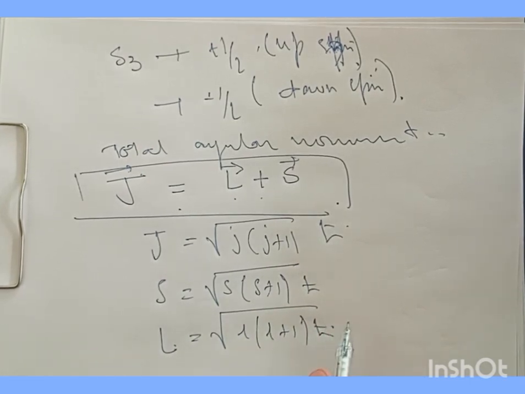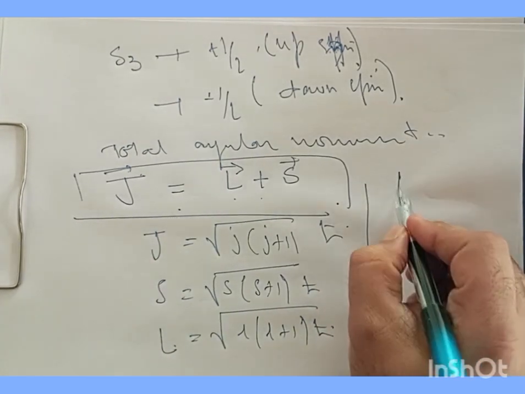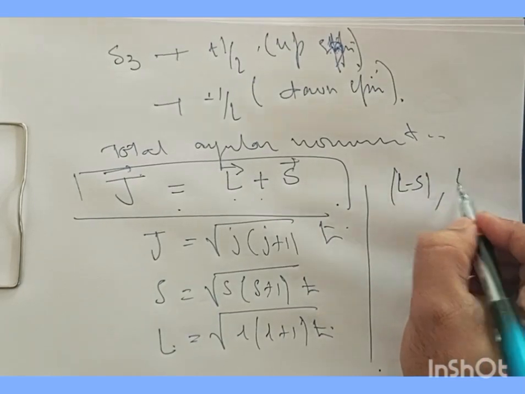The total angular momentum has two discrete values: L minus 1 by 2 and L plus 1 by 2.